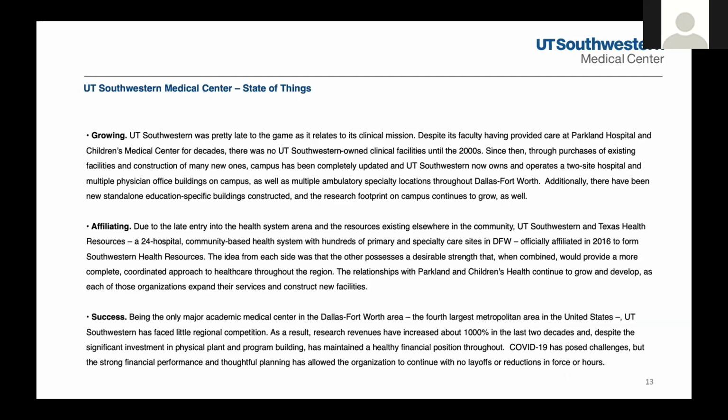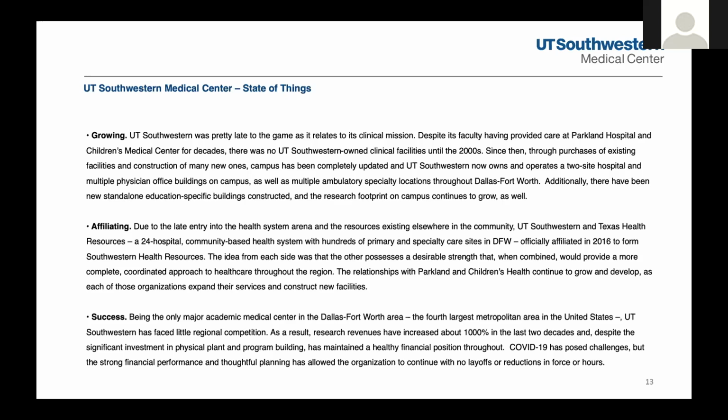So stepping back out, UT Southwestern is kind of where we are today. We're growing quickly. We have been for a couple of decades. It was really late to the game that UT got into the clinical care business. The faculty who were teaching and doing research for all those many years prior to UT Southwestern actually owning any clinical facilities were seeing patients, but it was always at Parkland, at Children's, or in some other practice outside of the organization.